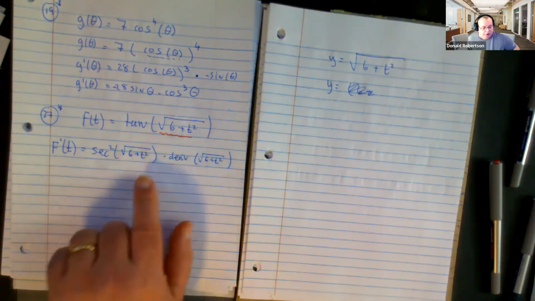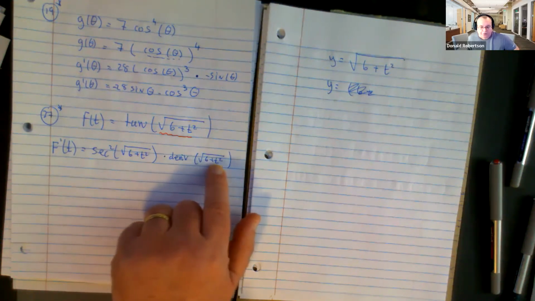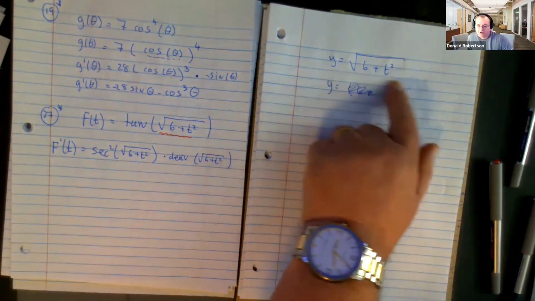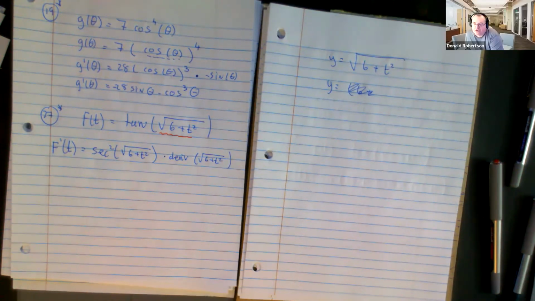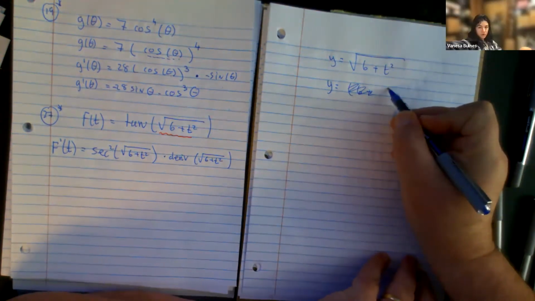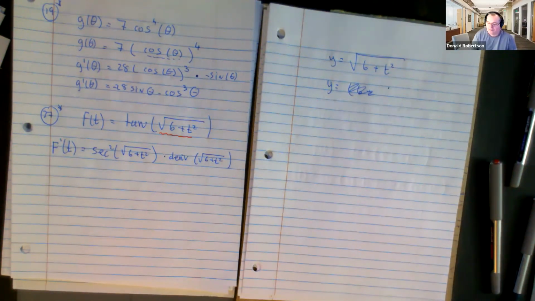We are focusing only on this guy. So no tangents. How could you rewrite square root of 6 plus t squared? Would you do square root of 6 plus square root of t squared? I wish that was true. Do you know, math would be so much easier if that was allowed.